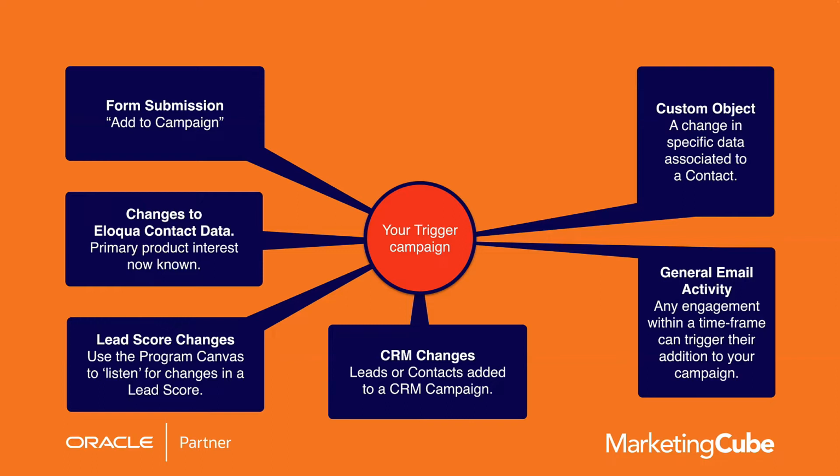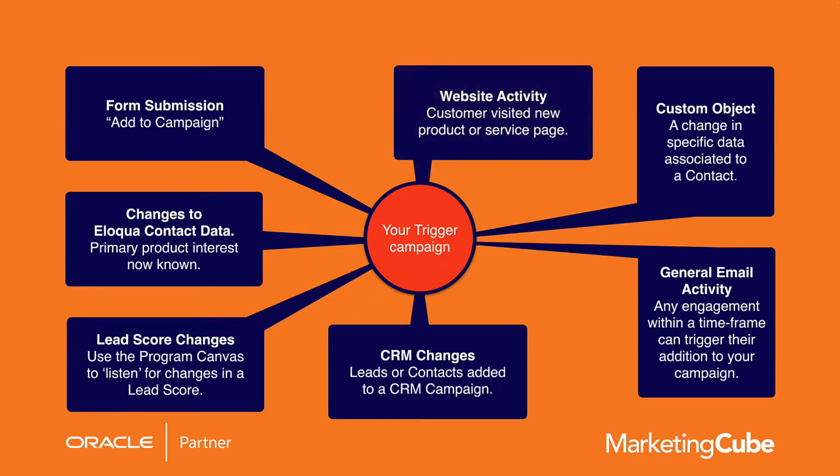Then as your CRM users are adding people to that particular campaign, Eloqua is constantly listening for anybody being dropped into that campaign, and will bring them through into the segment and then drop them onto the canvas that you've got running where it's associated. So that's one way to do it. Typically, other CRM changes are reflected onto the Eloqua contact anyway, and so that would be covered under changes to Eloqua contact data.